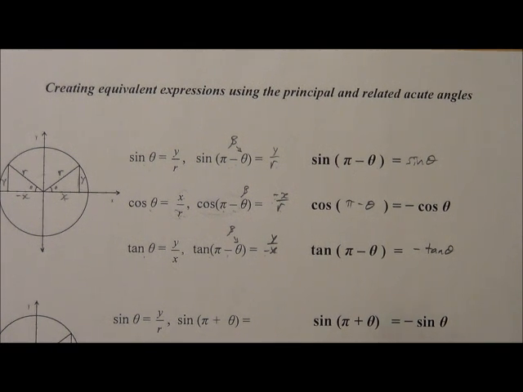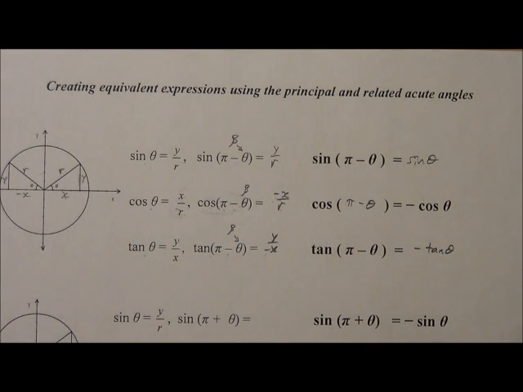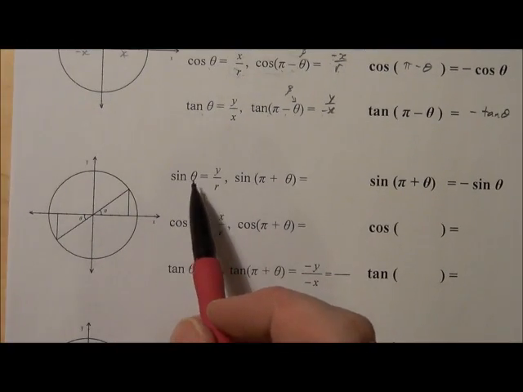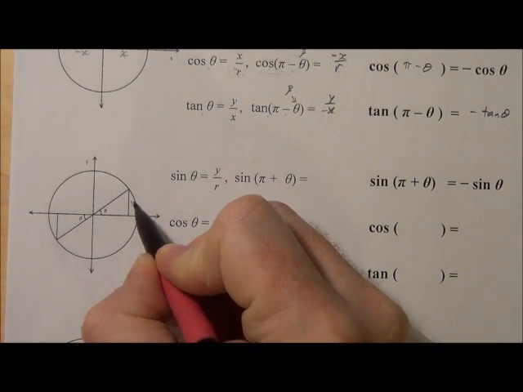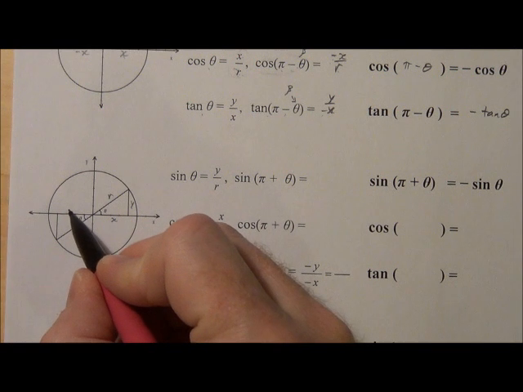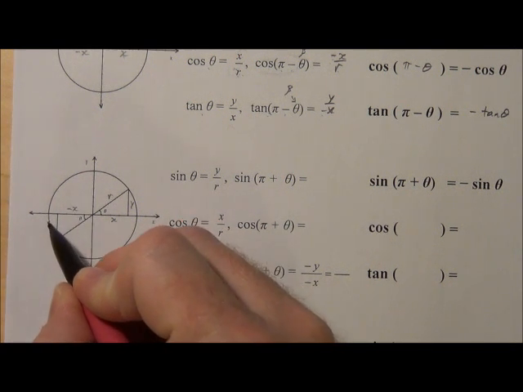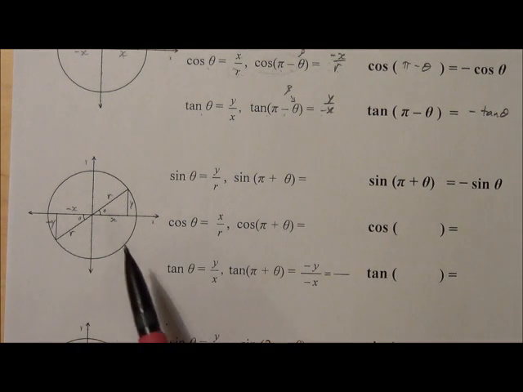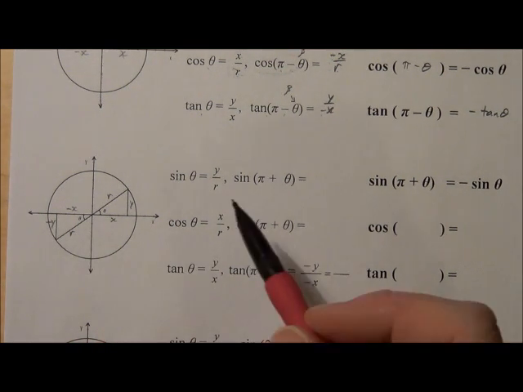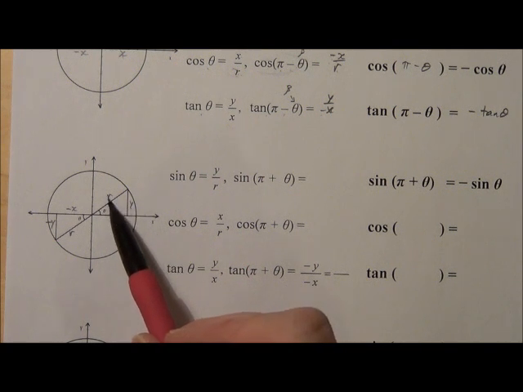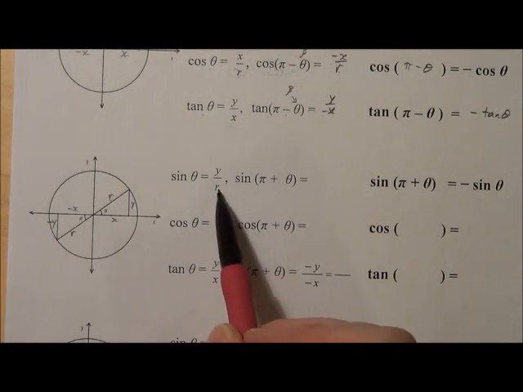Okay, I'll do one more here and then I'll ask you to complete the rest of this table. Again, for this, we've got y here, x here, there's r. This is negative x, negative y, and radius again. So the sine of theta is y over r, opposite over hypotenuse.